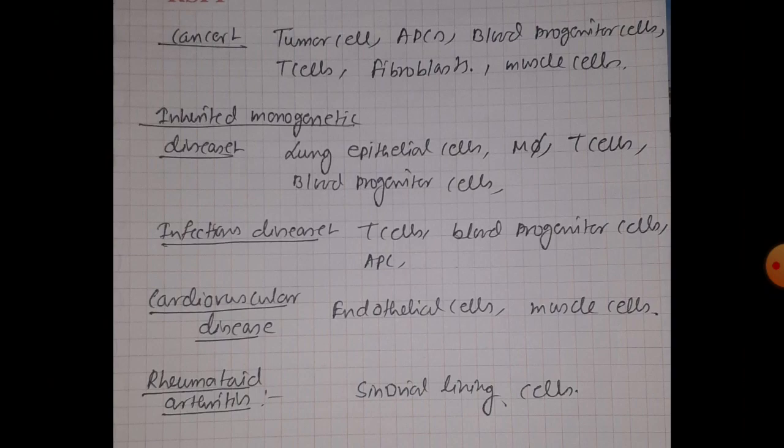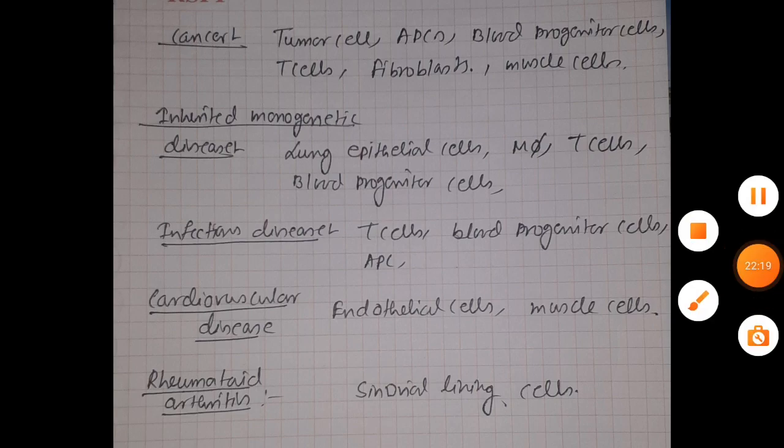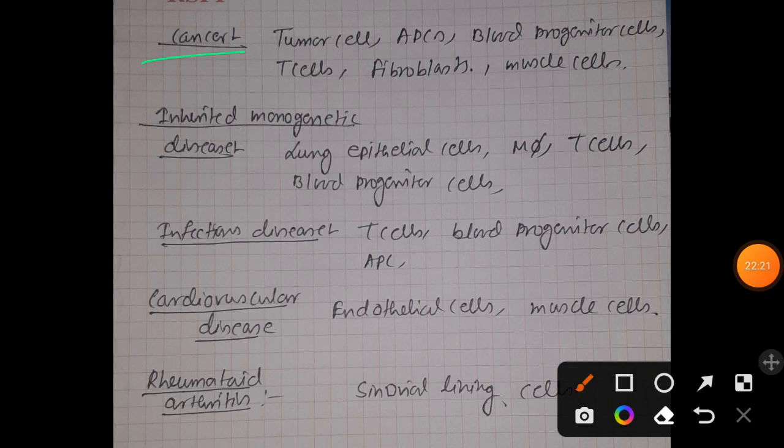Up to that part, we were talking about transformation of the cell. Now it is important to learn which cell to target for which kind of disease. Suppose your patient is a cancer patient, then you should target tumor cells, antigen presenting cells, blood progenitor cells, T cells, fibroblasts, muscle cells.